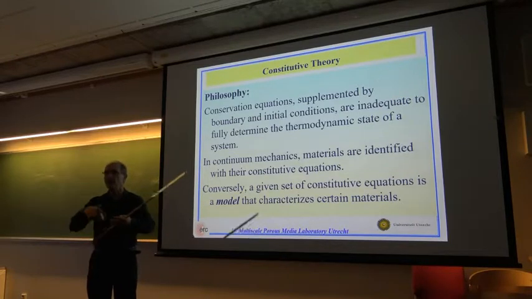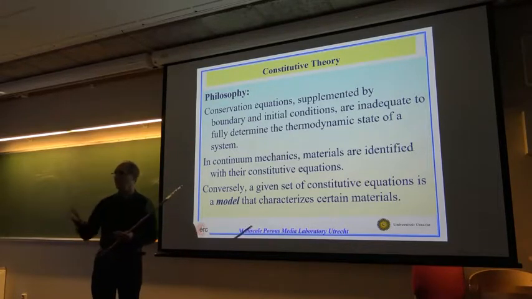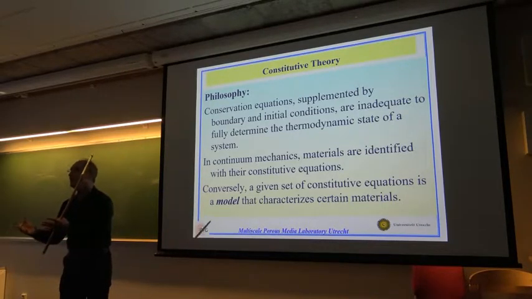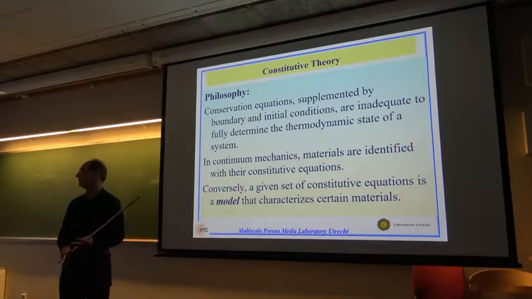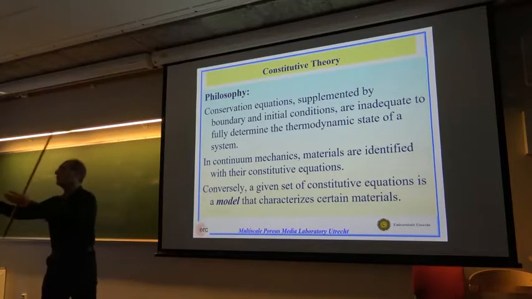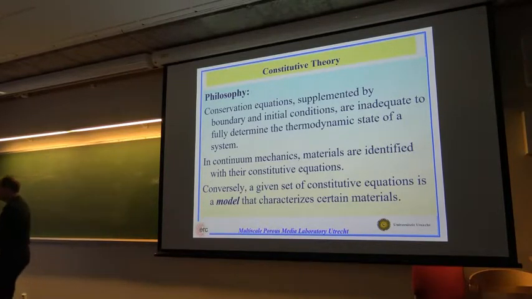And this way, you can obtain all the missing equations. Now, you have defined a material that you know. So in fact, a set of constitutive equations models a material. And conversely, if you have a material, you need a set of constitutive equations for that. Okay, so that's the philosophy of constitutive equations.